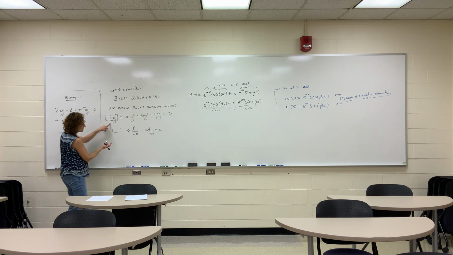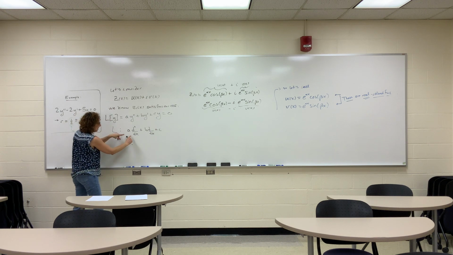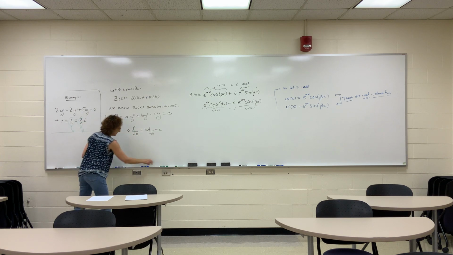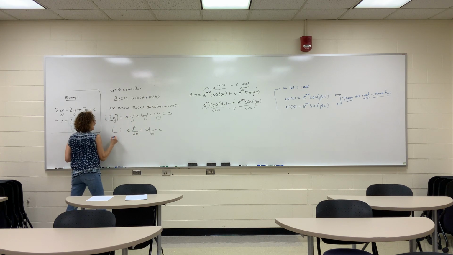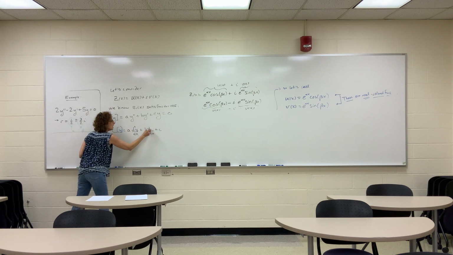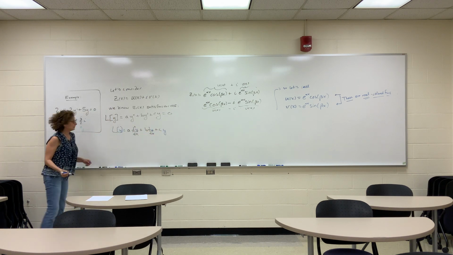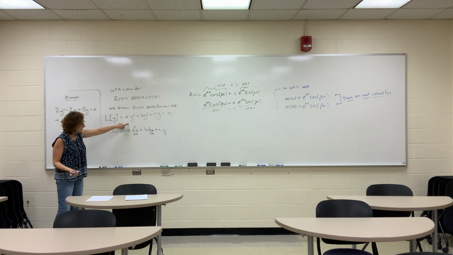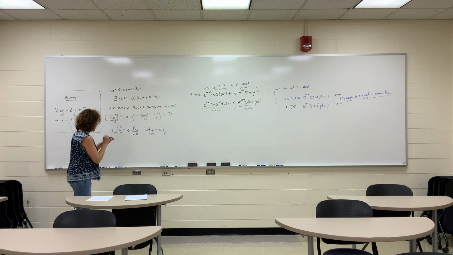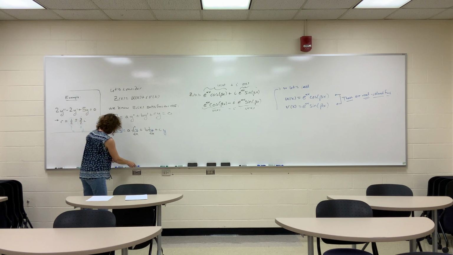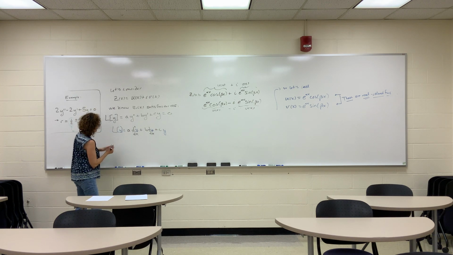If L attaches to y, then y gets the constant A multiplied times the second derivative, and so on. So L of y means I'm putting a y in these spots, and that gives me this. We've already talked about operator notation, and it's simpler for us to think of it that way.